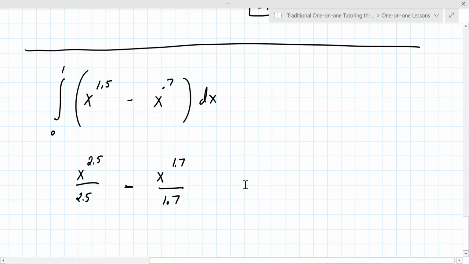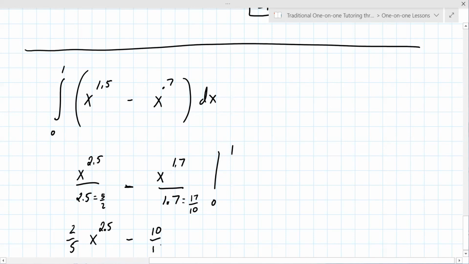So do you do the same thing where you bring the 2.5 up? You can't, no, you have to convert this to a fraction. So this is 5 halves. So it becomes 2/5, so it's 2/5 x to the 5 halves, or you could leave it 2.5. That's okay. 1.7 is 17 over 10. It's difficult. Okay.